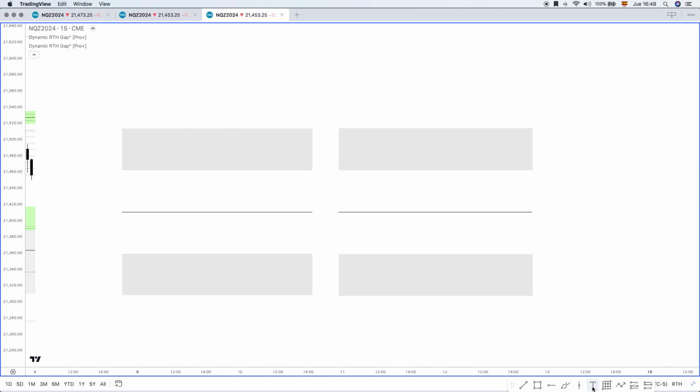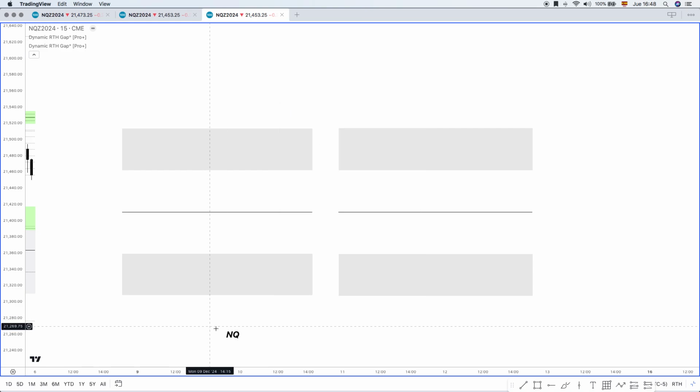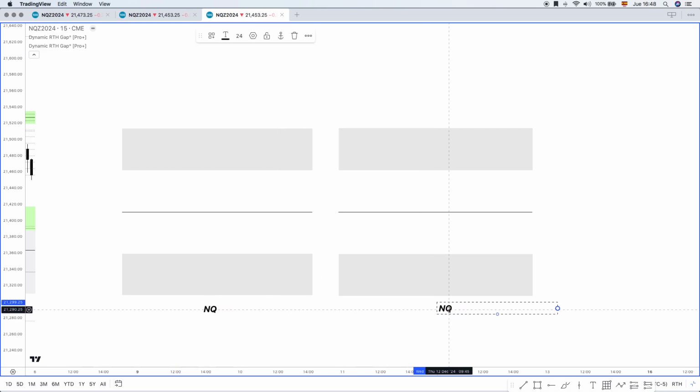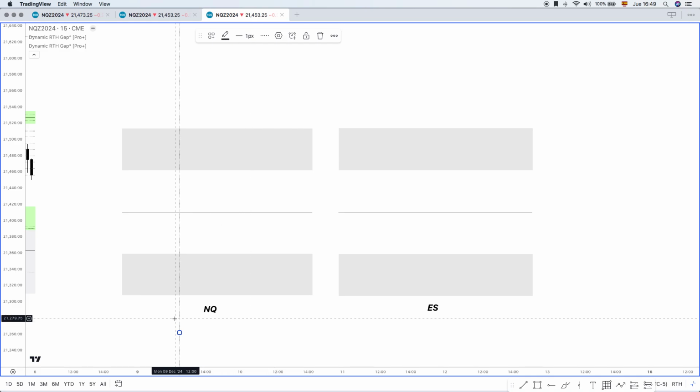This will be for Nasdaq, and this one for ES. Okay, so when the market opens, I always measure the strength in time-based windows.